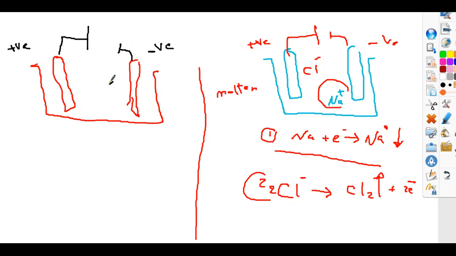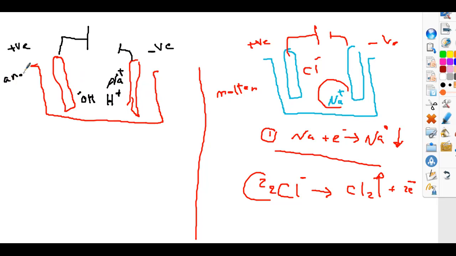We have Na positive of the sodium chloride, and also we have the water, which ionized into H positive and OH negative. So at the cathode, we have two cations, two positive ions, which compete with each other over which one will be reduced, which one has the priority to be reduced.